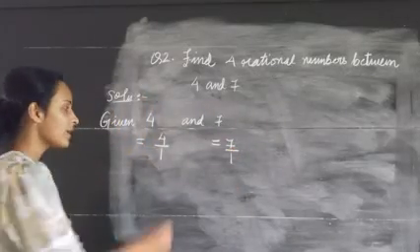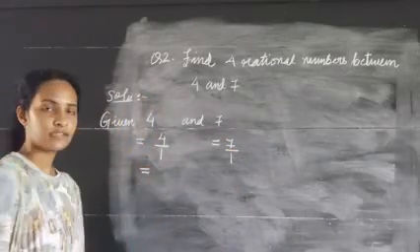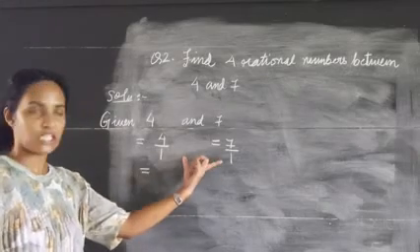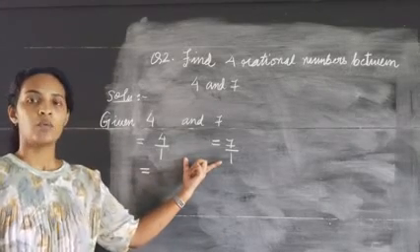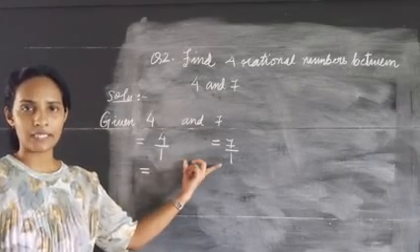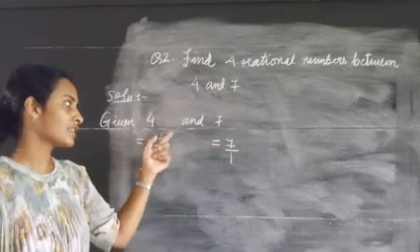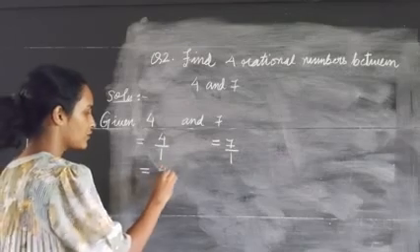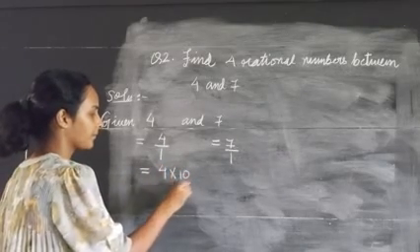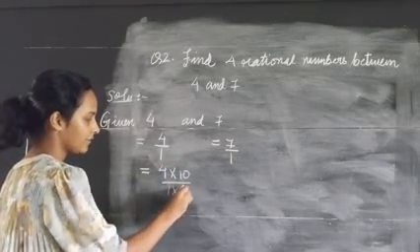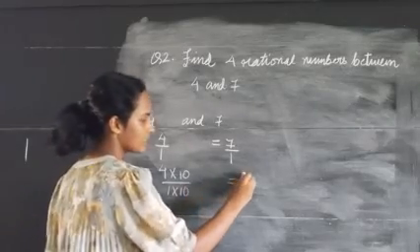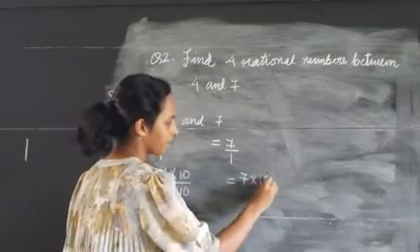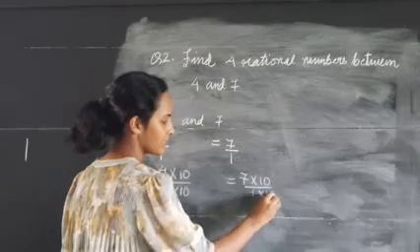Now, check the denominator. Denominators are same. What is the third step? The third step is to multiply the numerator and the denominator by 10. So 4 into 10 by 1 into 10 and 7 into 10 by 1 into 10.